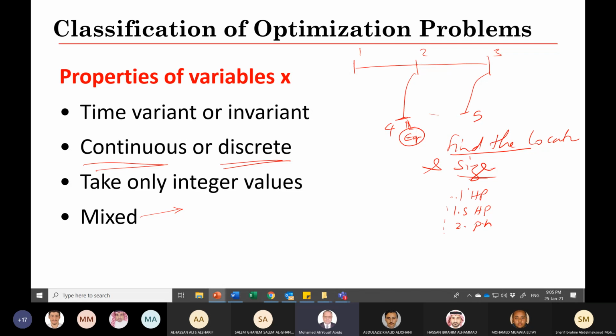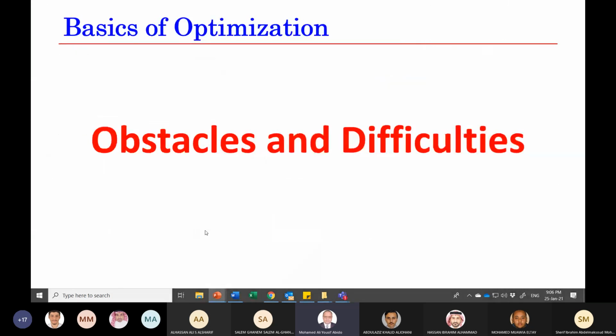Maybe if there is no restriction on the size, if you don't want to look at the existing sizes in the market, and the size is flexible, you can make the size a continuous variable. So in some problems, you have mixed variables. Some of the variables are integer, some are discrete, some are continuous. So this could also happen in optimization problems.